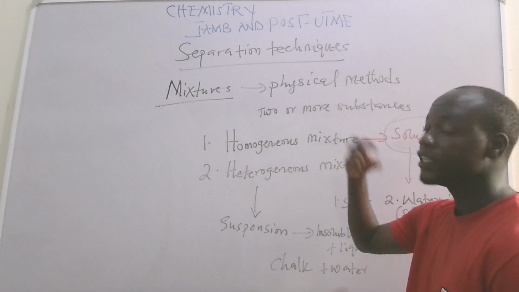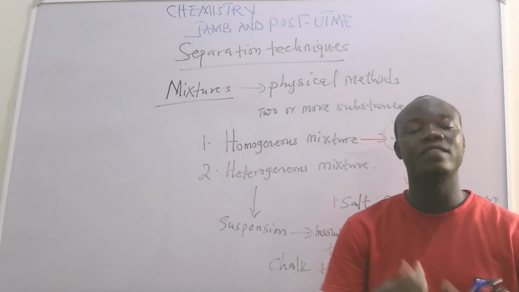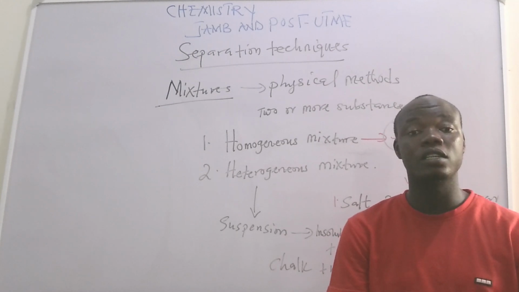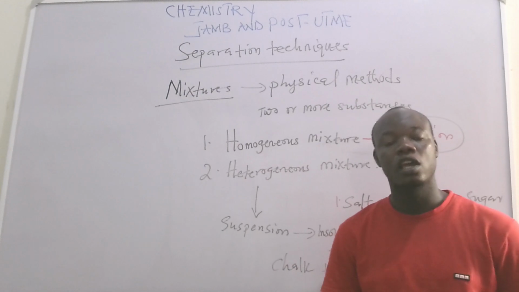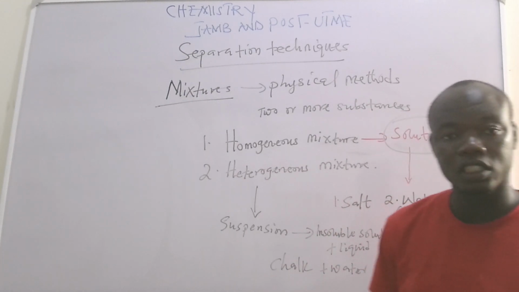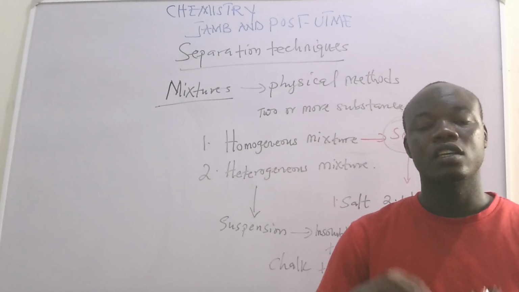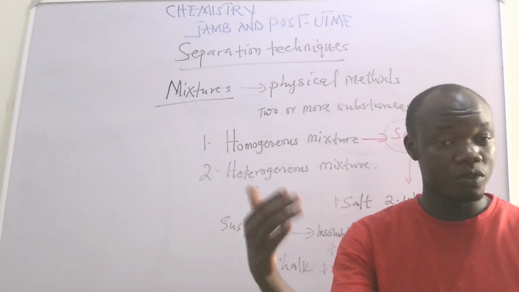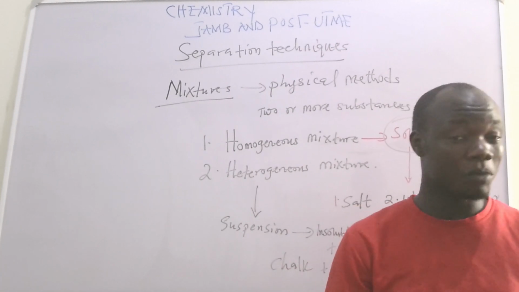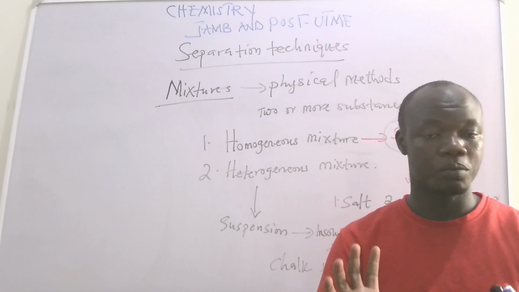So what we are saying is that when you have two or more substances that are physically combined together, you can easily separate them. But where you have two substances that are chemically combined together, it's very difficult to separate them.